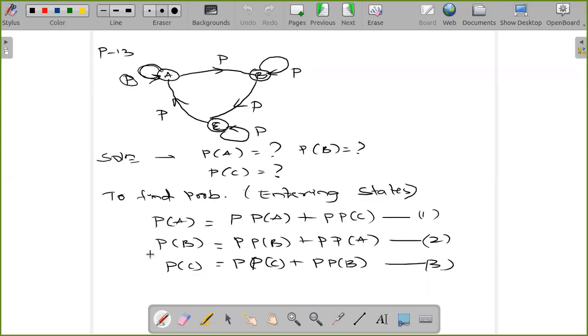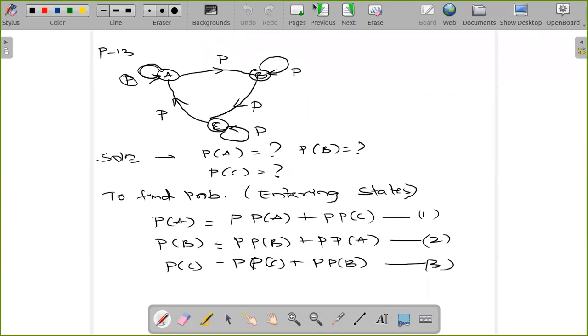Now we know the three equations for P of A, P of B, P of C. Now I'll convert the equations in such a way that they are similar to each other.